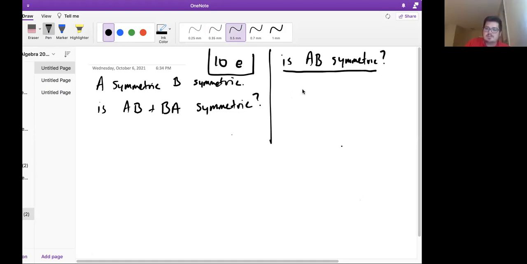There's two ways you can say that: it has to be square, but what property of a square matrix makes it symmetric? Yes, it's equal to its transpose. So you take the transpose of the matrix, and you get the same thing back.